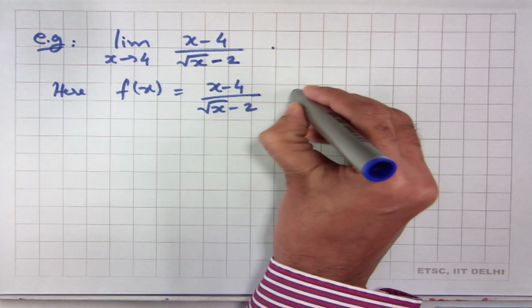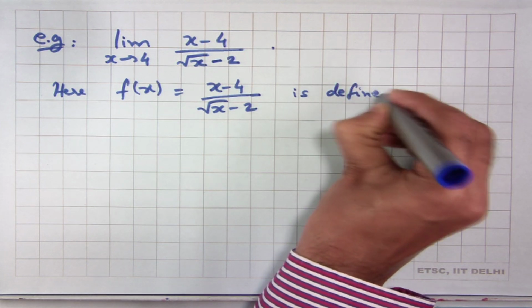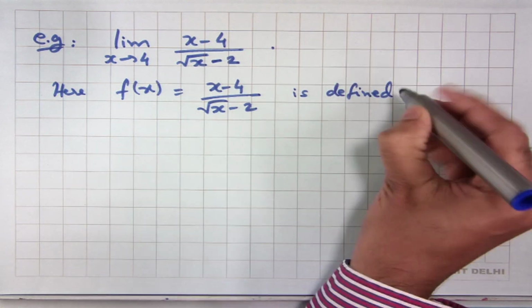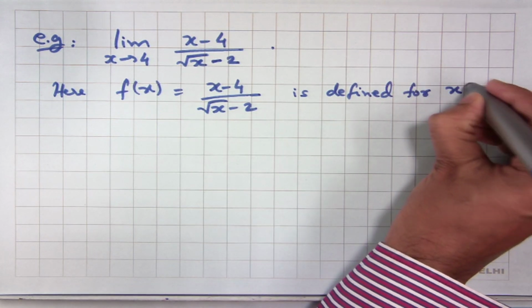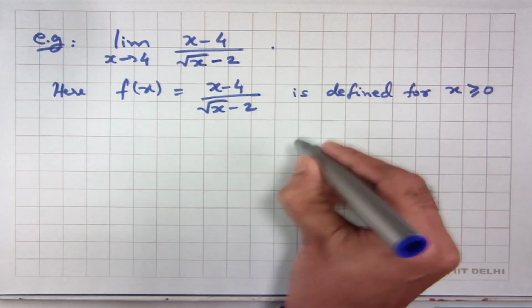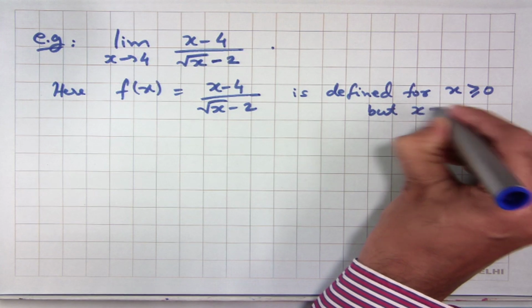This is defined for any x which is greater than or equal to 0, but x not equal to 4.